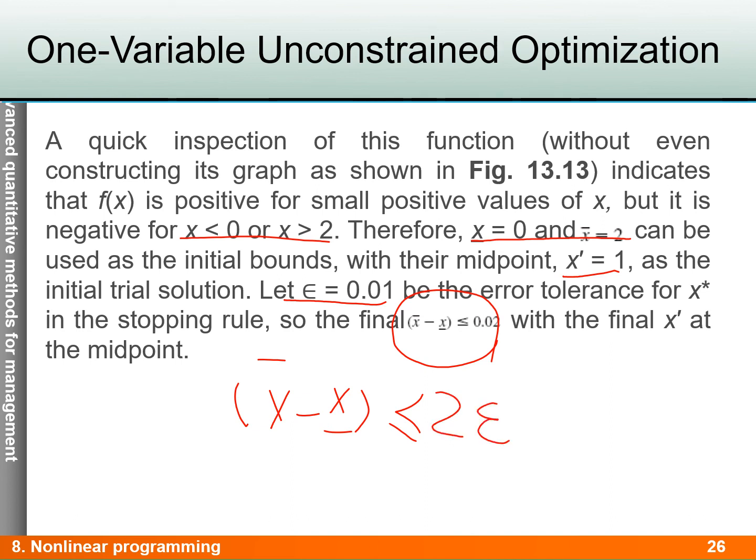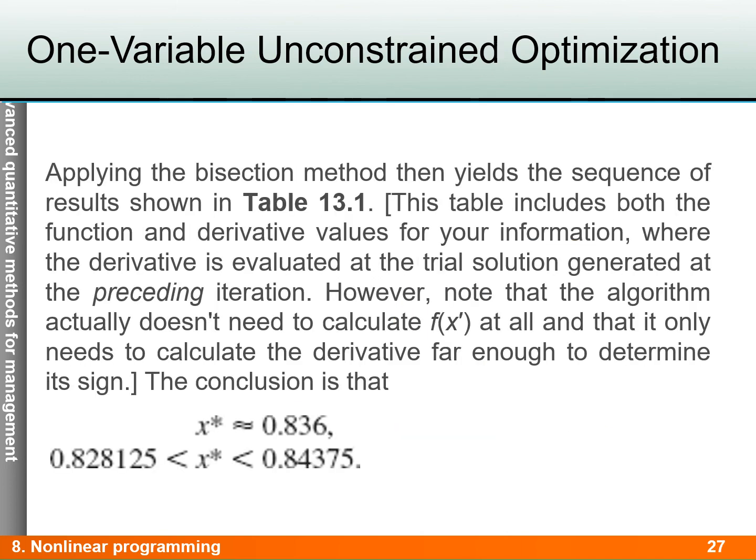Epsilon is 0.01, so 2 epsilon is 0.02. It means that whenever the difference of our upper bound and lower bound is less than or equal to 0.02, we stop and we find our optimal solution.